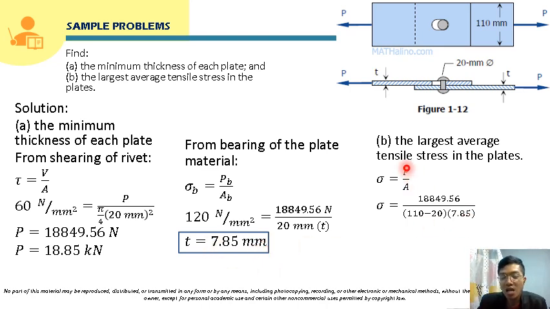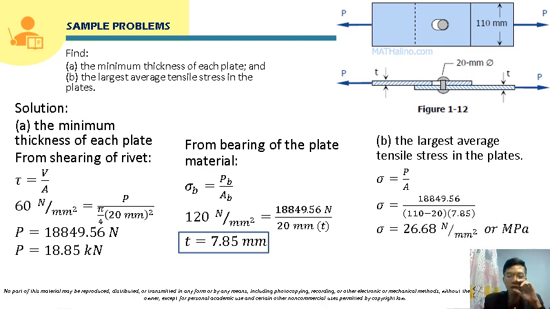And then the internal normal force here, if you are going to solve for the internal normal force, will just be equal to the P that we solved. The P that we solved is 18,849.56 Newton. So this is Newton, and the area here is millimeter squared, since this is millimeter and this is millimeter.